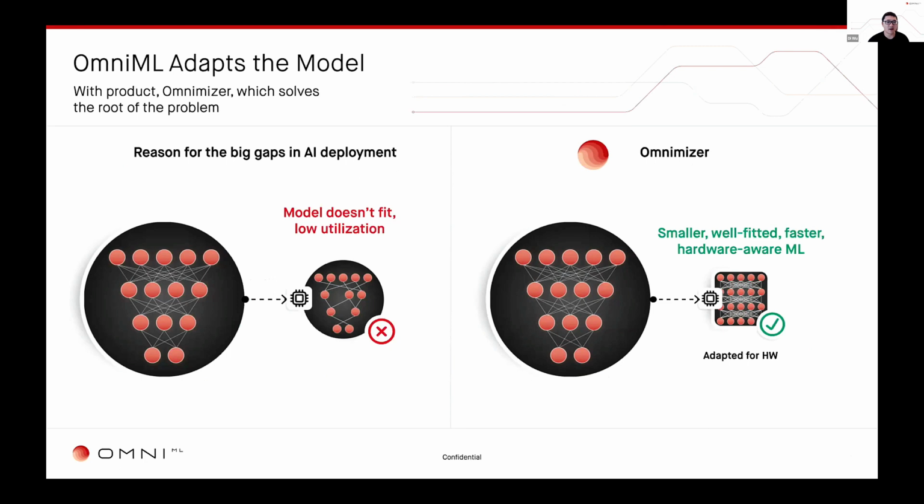We make the model architecture fit the hardware, make it hardware aware, make it adapt to the hardware that we're deploying to, solving the root of the problem, which in turn streamlines the entire development process, gets better results, better efficiency, better performance, and also gets AI into production faster.